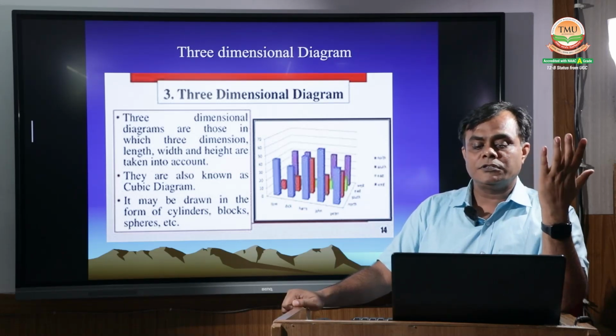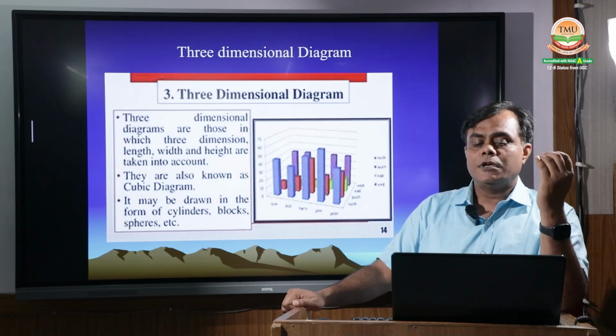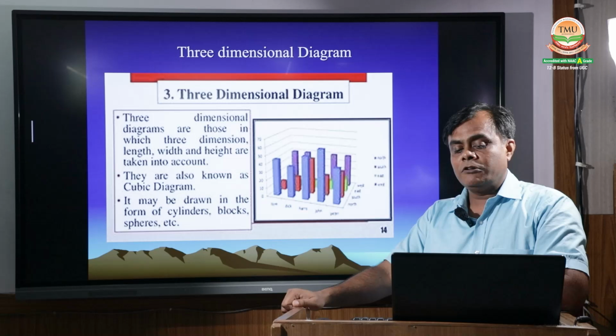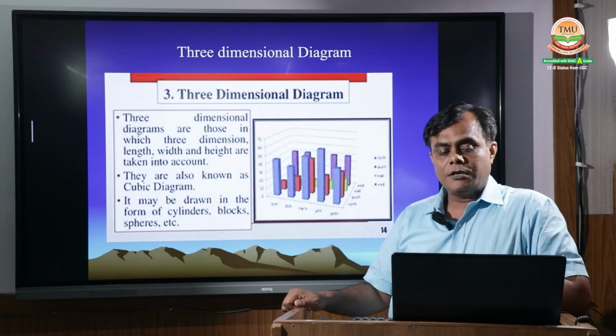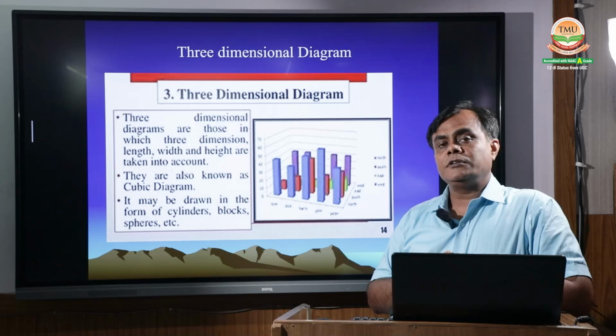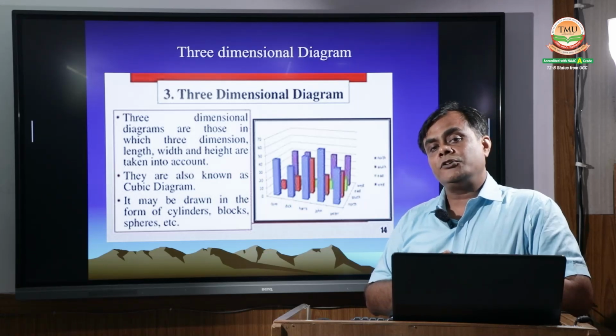But in a three-dimensional diagram, length, width and height are all given. You can see this picture, and this type of picture creates a better understanding for your reader.